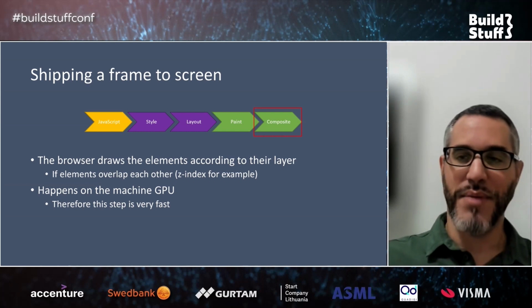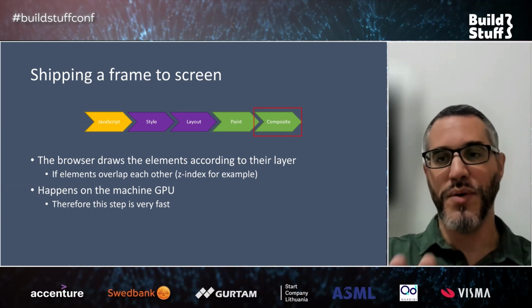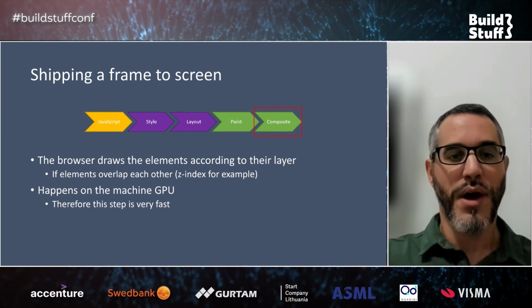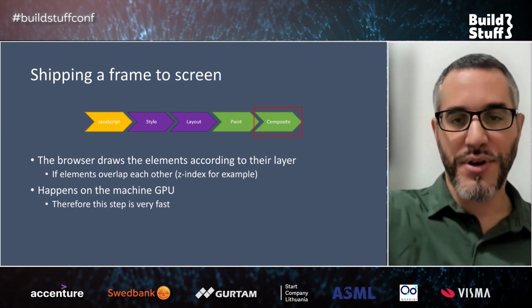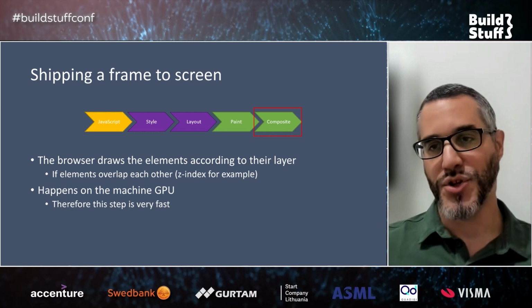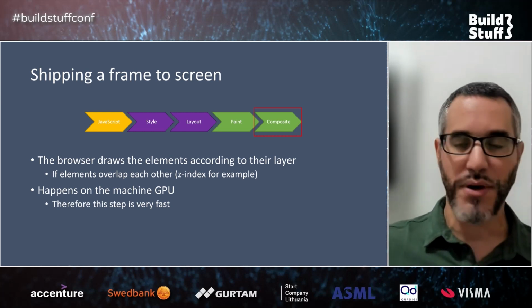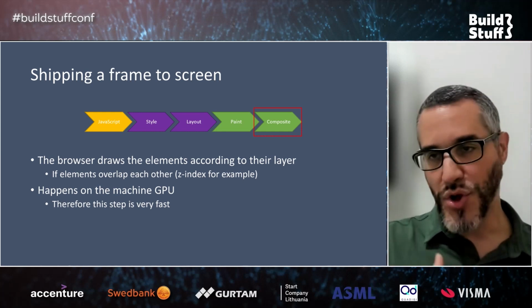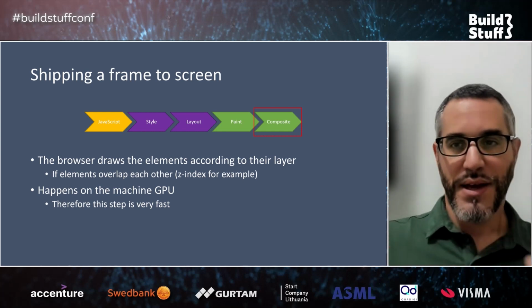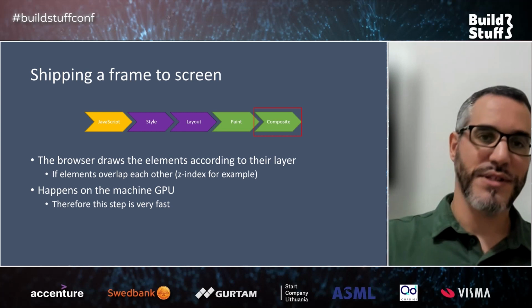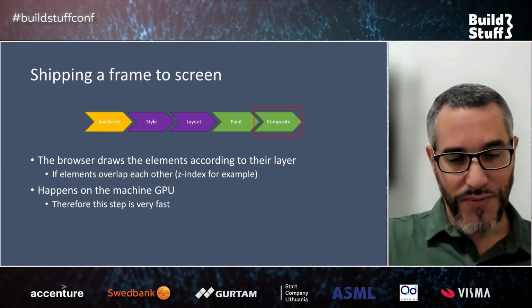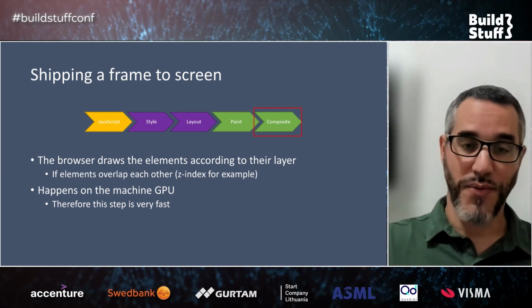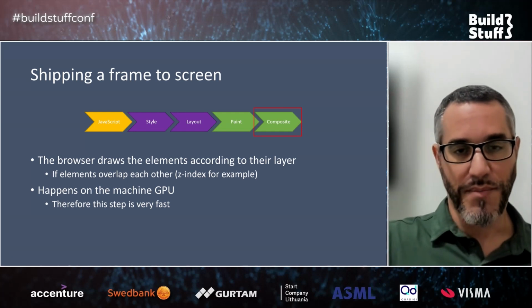So if some element overlaps another element, who is going to be on top of who? And this step is very fast because it's happening on the machine's graphics processing unit, the GPU. And then all the calculation is done and we ship the frame. The entire process happens for a frame to be produced, one frame to the screen.